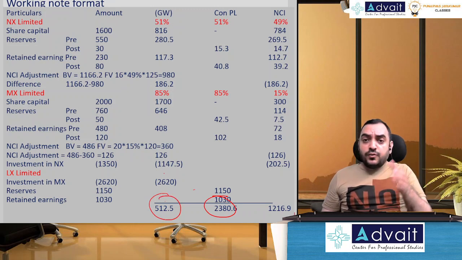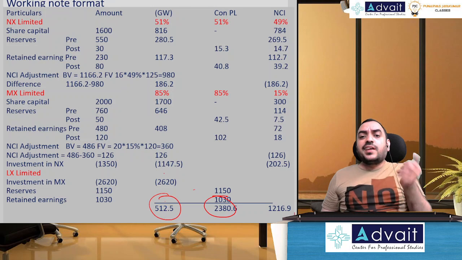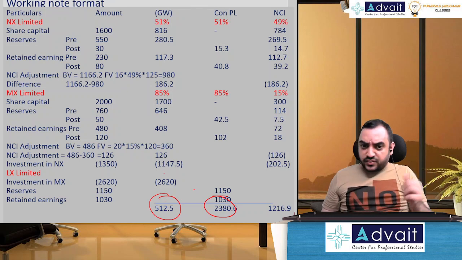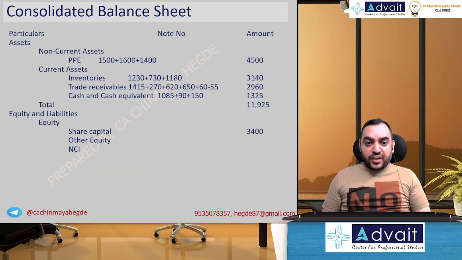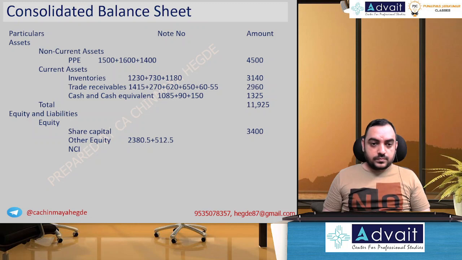If negative number, we'll take it as goodwill. Positive means gain on bargain purchase or capital reserve, you can say. So other equity will be the sum of these two, 2380.6 plus 512.5, 2893.1.